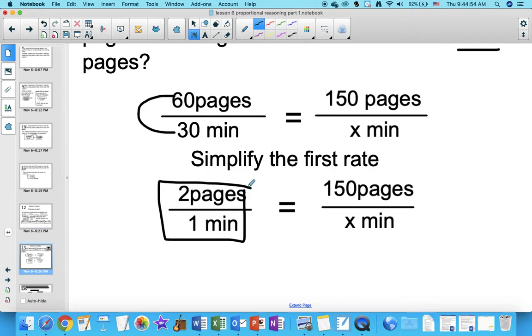So using this, how can I turn 2 into 150? That's how I want to find x, because whatever I do here, I must do here to keep that equivalence, to make them the same rate.